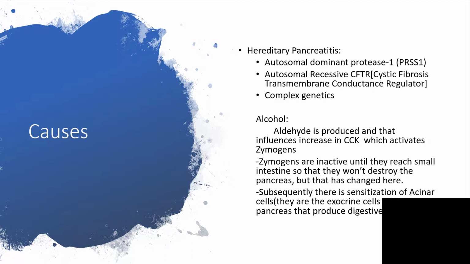And because they are there and they are now active, they will cause what they call autodigestion of the pancreatic gland itself. So that is the problem with people that are drinking alcohol a lot and they are coming down with pancreatitis.